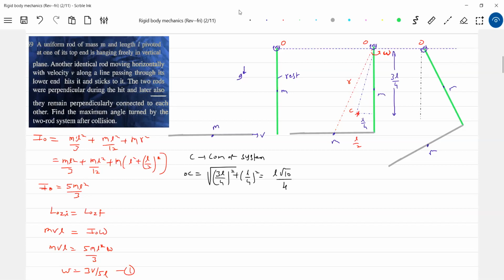So the center of mass will get shifted. Now the center of mass of the system will come somewhere here. Then the rise in gravitational potential of the center of mass is what we need.